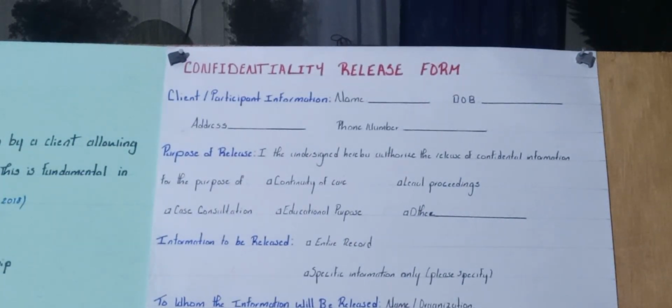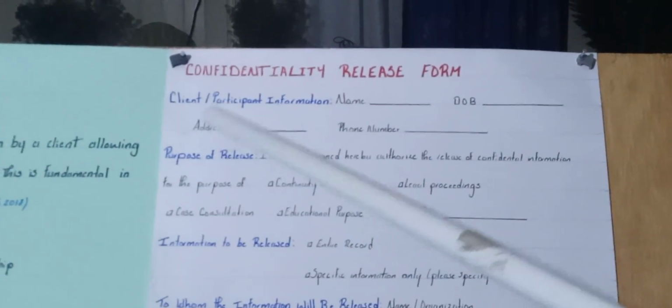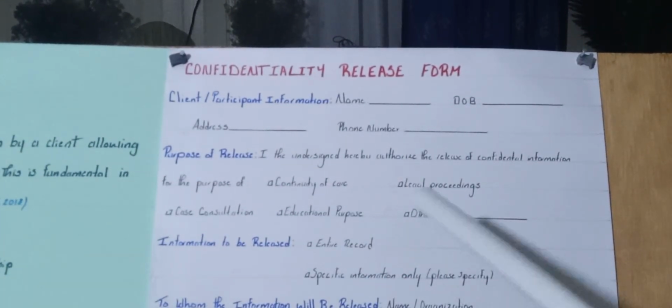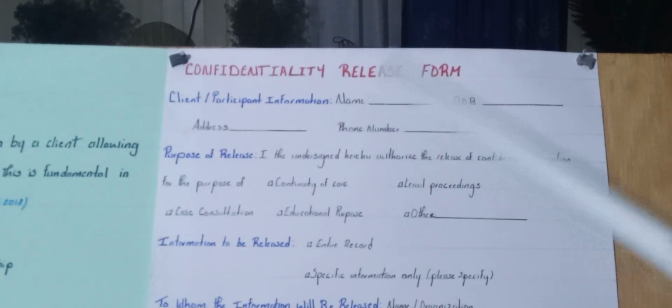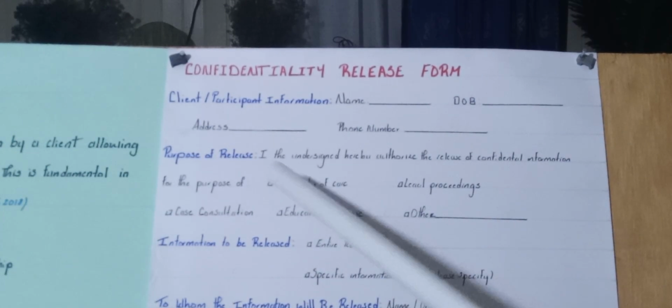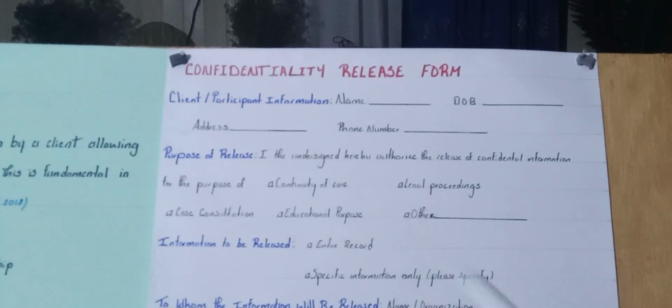So, first we have the client's personal information, such as their name, their date of birth, their address, their phone number, etc. Then it also has the purpose that the form will be released for.